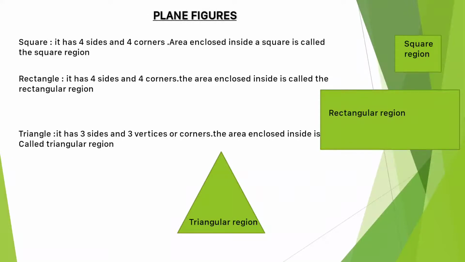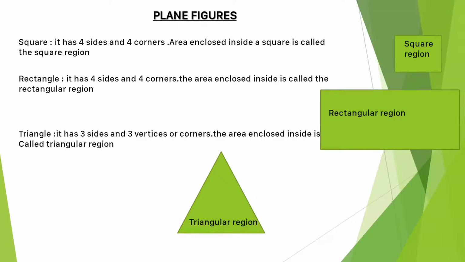So we can discuss the plane figures. The first one is the square. This is the diagram of square. The square has 4 sides and 4 corners, and the area that is enclosed in this square is known as square region.